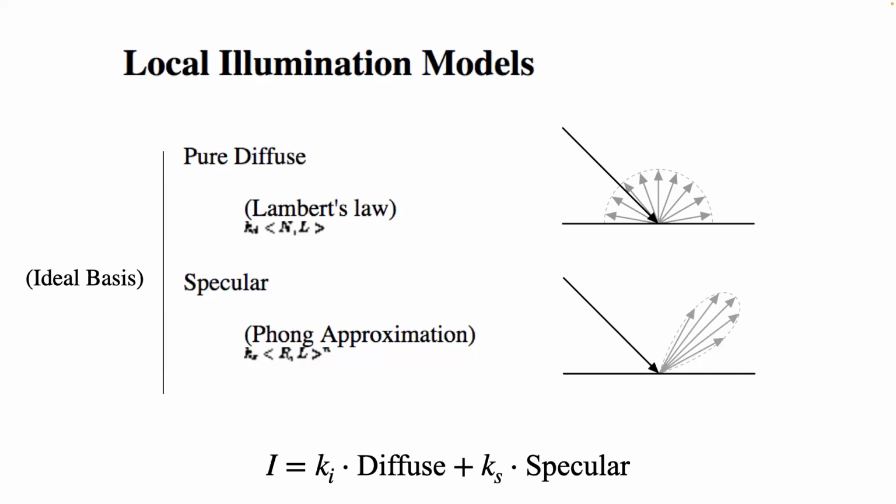One of them that's very popular is the Phong approximation, where you take the reflected direction and raise that to a power, and then you have the spread that makes the reflectance concentrate in the direction of reflection, but spread over the neighboring directions. And then you can characterize one material by characterizing these coefficients for the diffuse and specular bases.